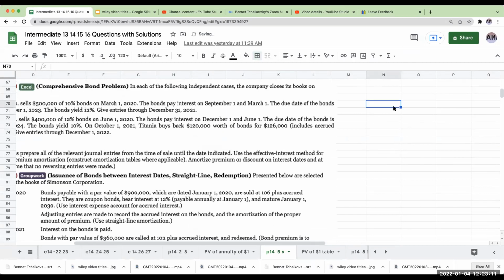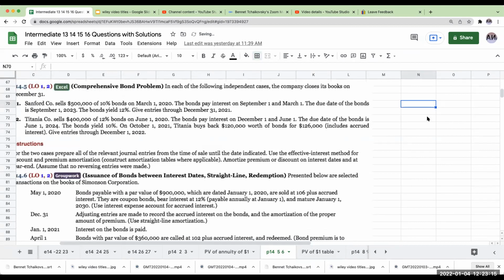Okay, so I sell the bonds on June 1st, 2020. The bond's stated annual rate of 12% is greater than the market rate of 10%. Bonds will be sold at a premium.